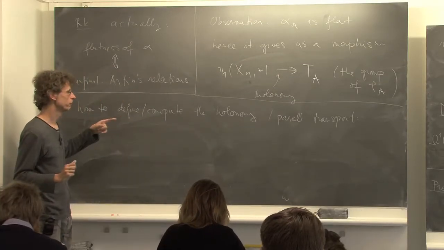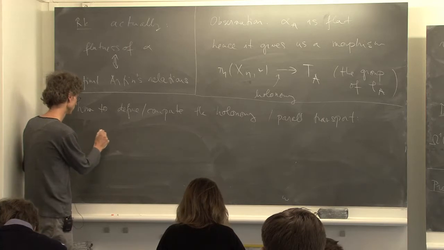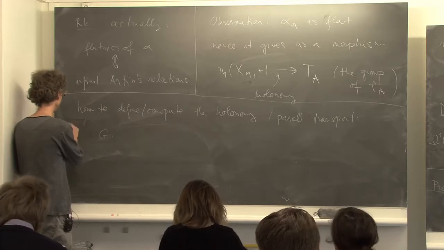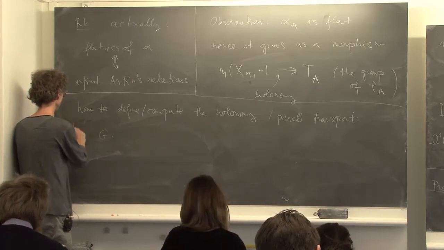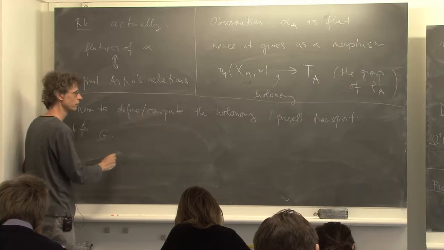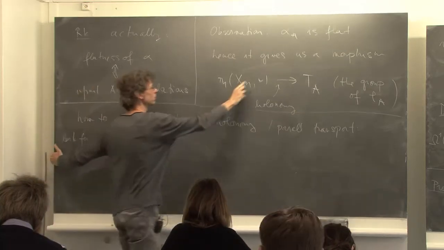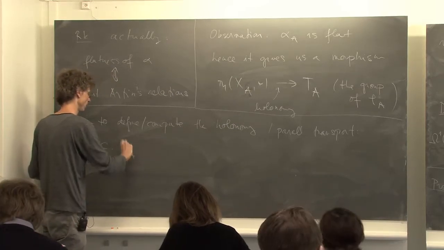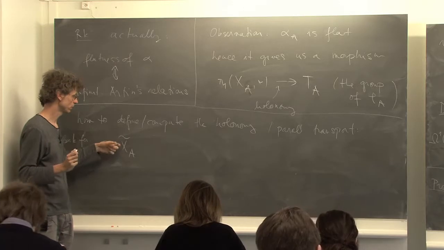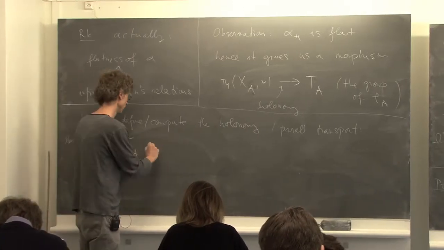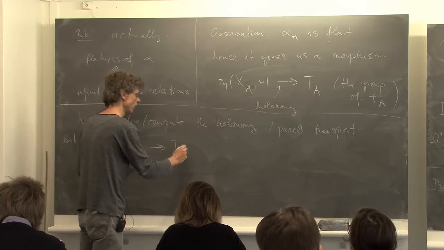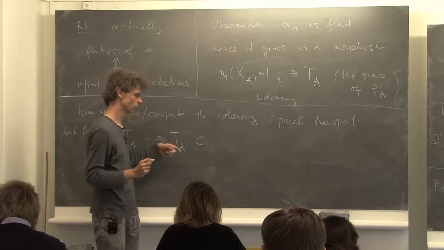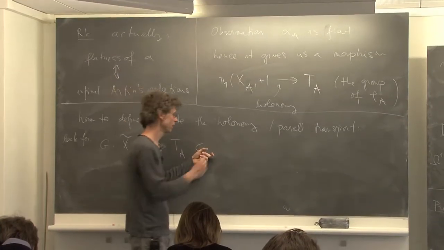So we're really looking for some function, a map, going from the universal cover of A into TA, which I remind you how this guy is constructed. It's something very concrete.